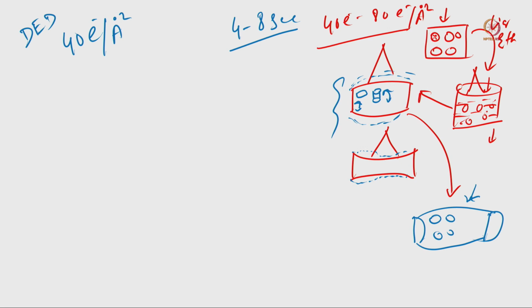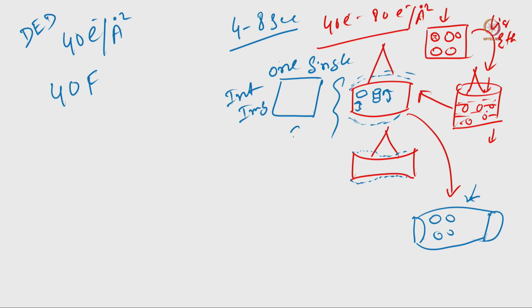So, you can say that you are splitting this 8 seconds into more frames. Here, I will say that the total electron dose is 40 electrons and I am collecting 40 frames. So, not one single integrated image. For CCD, we collect this kind of single integrated image.